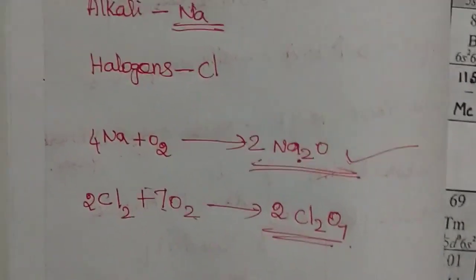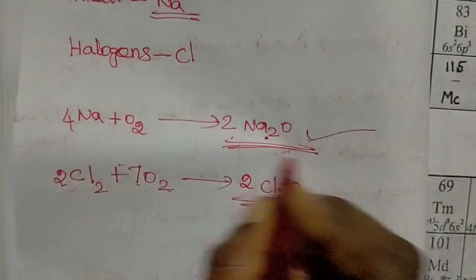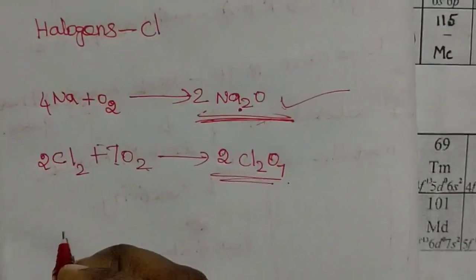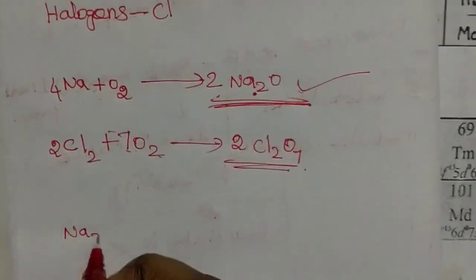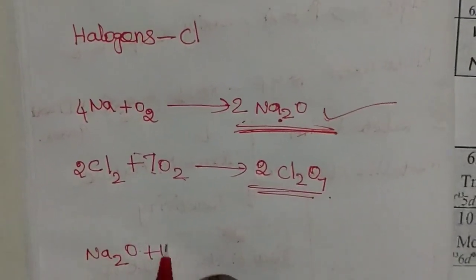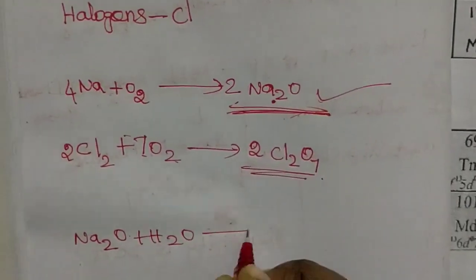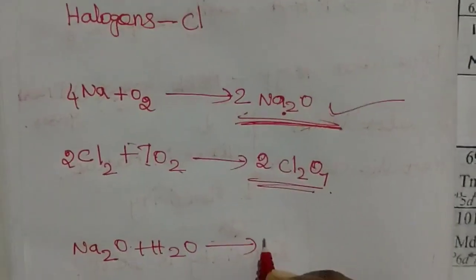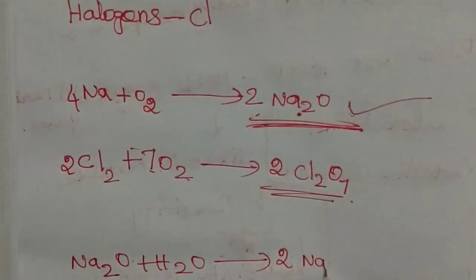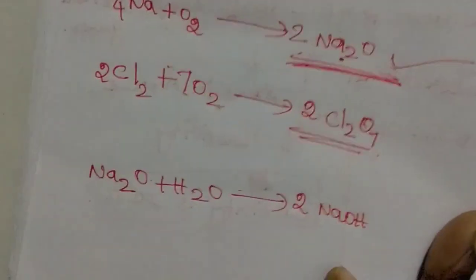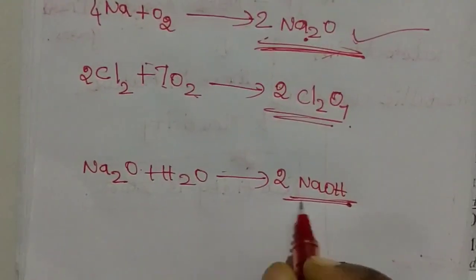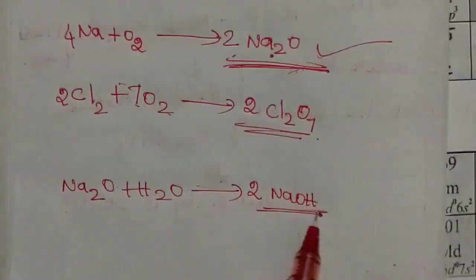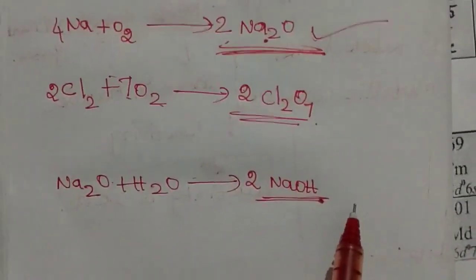The reaction of sodium oxide with water: Na2O plus H2O produces 2NaOH. It is a base. So the alkali metals produce a strong base.